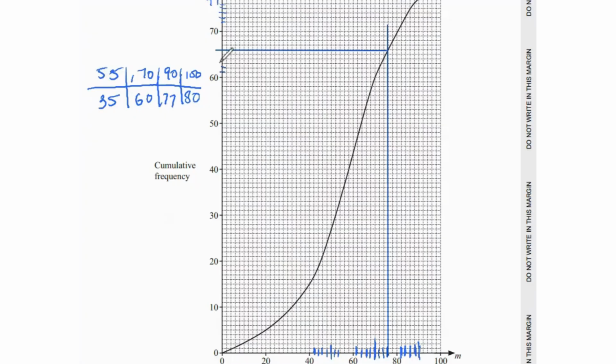Then 61, 62, 63, 64, 65, 66. So we will subtract 66 from 80 because they want the number of people who scored 76 marks or more. So that's 14. That's your answer.